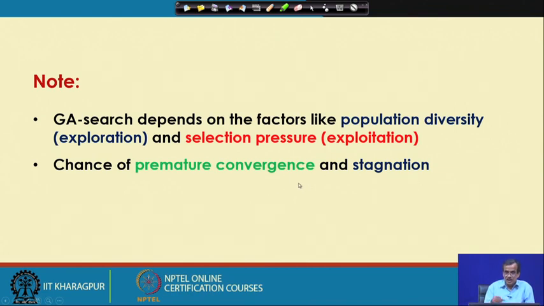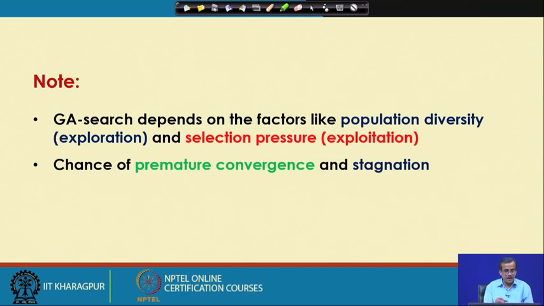That means, to reach that particular level, he might exploit others. So, if the selection pressure is more, the chance of exploitation is more, but there is a chance of premature convergence. This fact has been copied in an artificial way in the genetic algorithm also.